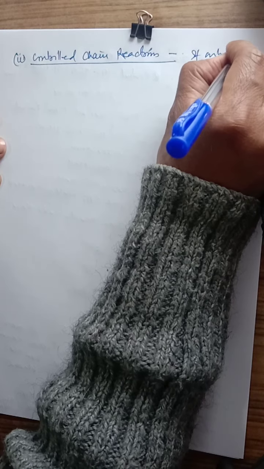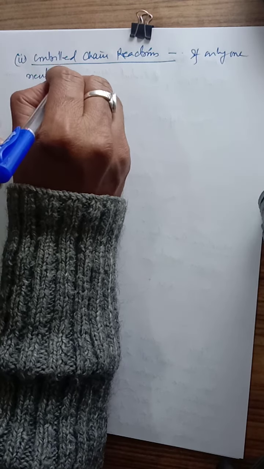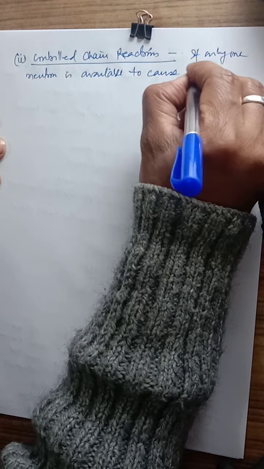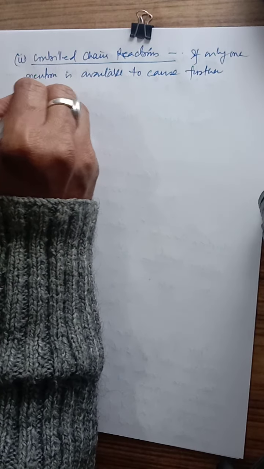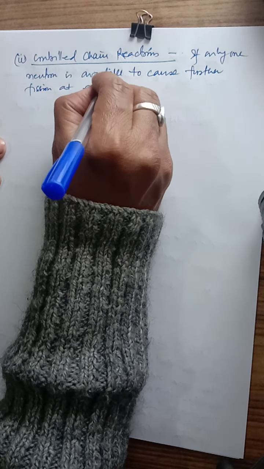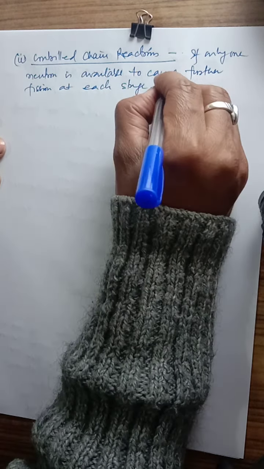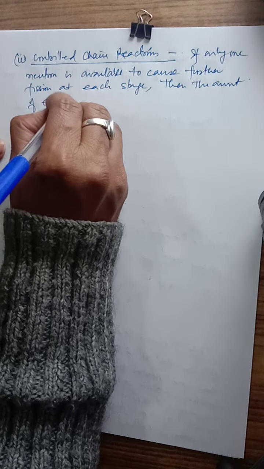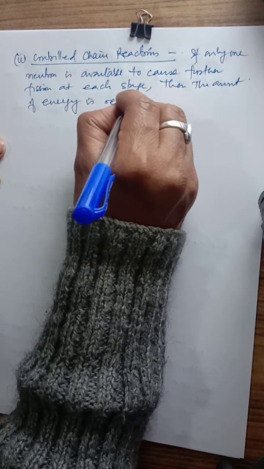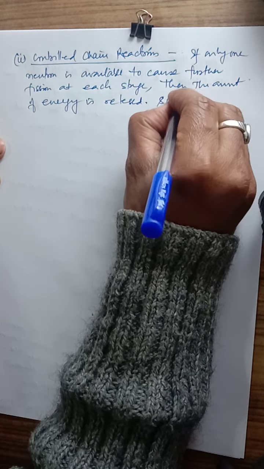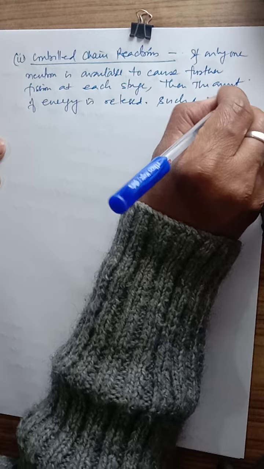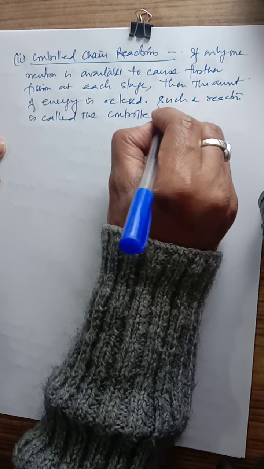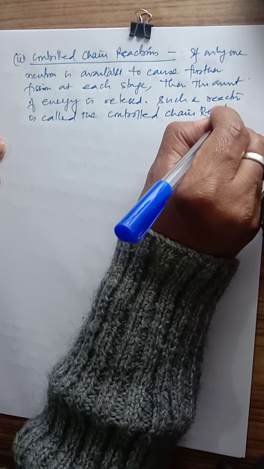If only one neutron is available to cause further fission at each stage, then a controlled amount of energy is released, and such a reaction is called a controlled chain reaction.